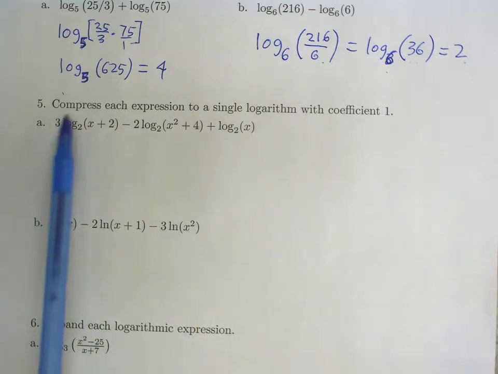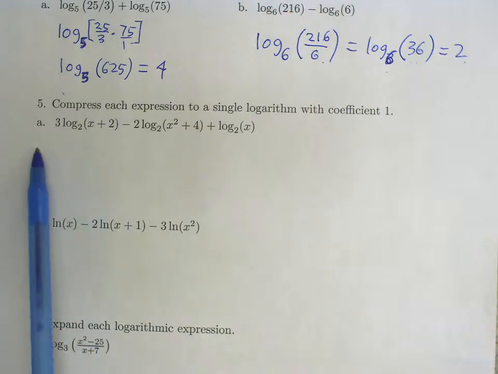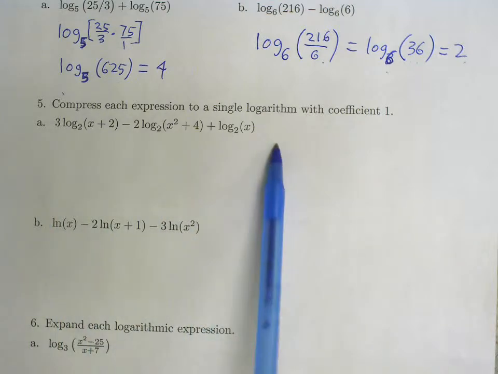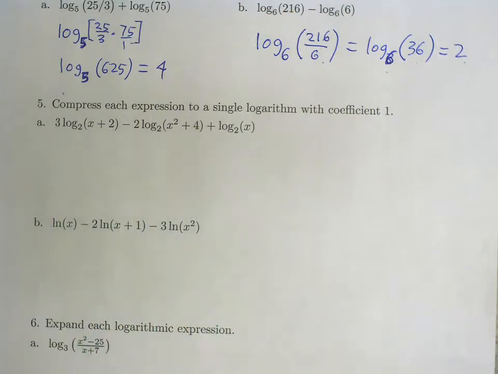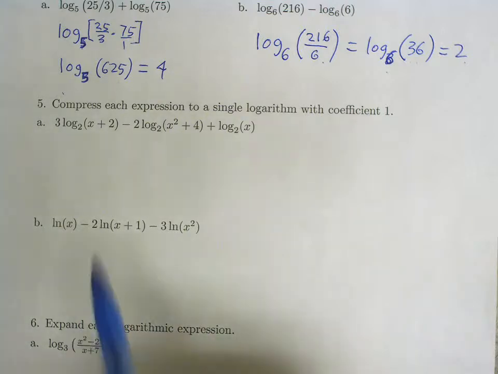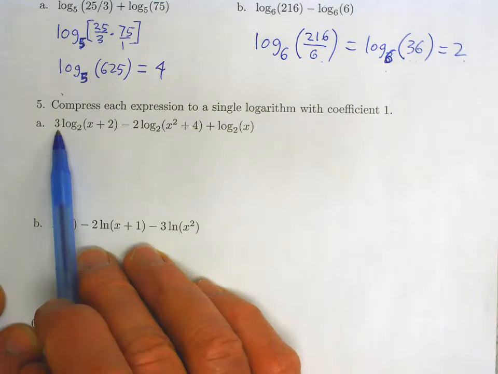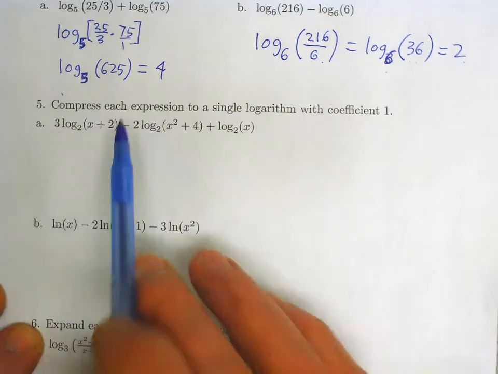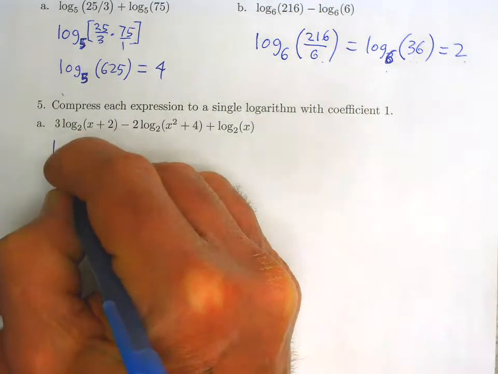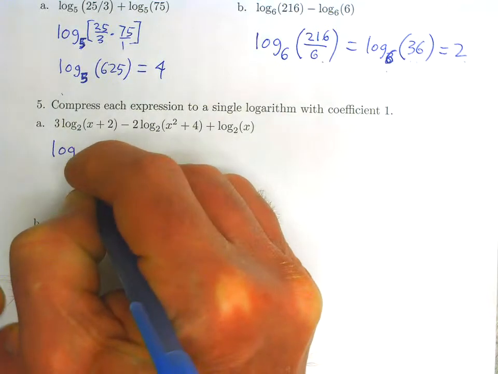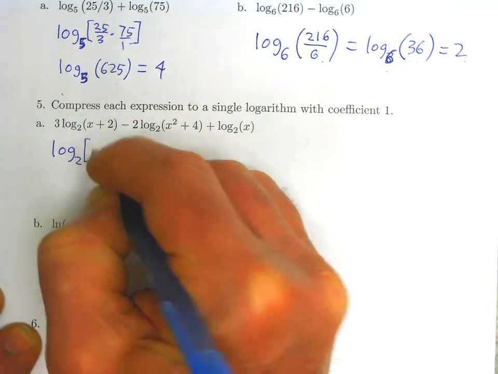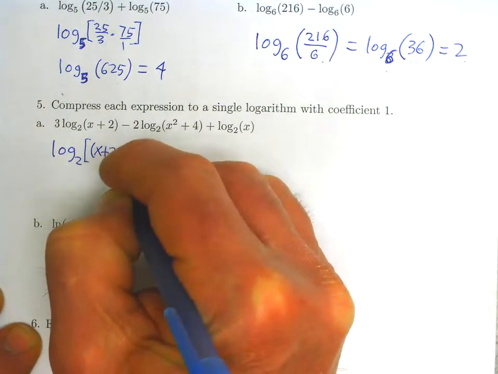So you might not always see the word compress, but it just means to write, using properties of logarithms, this into a single logarithm with coefficient 1. So that means on this first one, we have to move the coefficient 3 to the position of the exponent. So this is equivalent to log base 2 of the binomial x plus 2 to the 3rd.